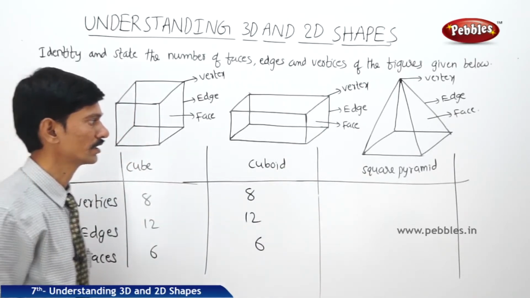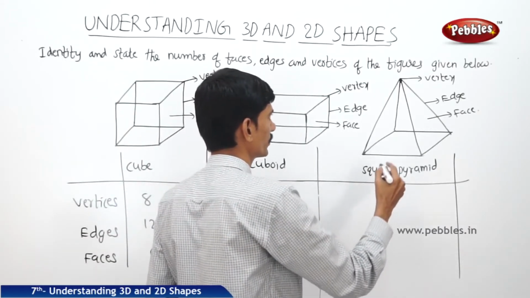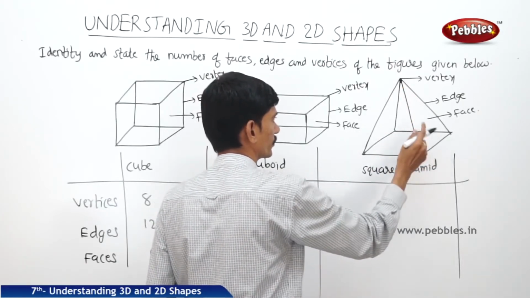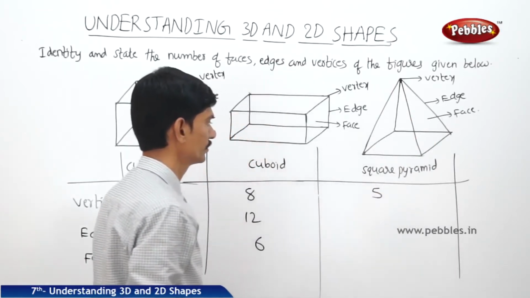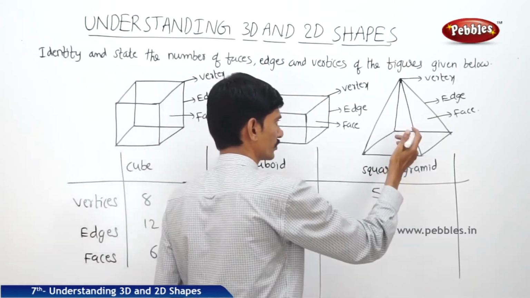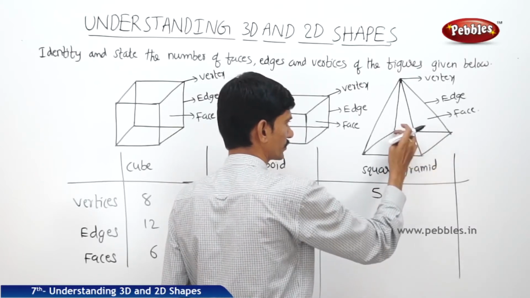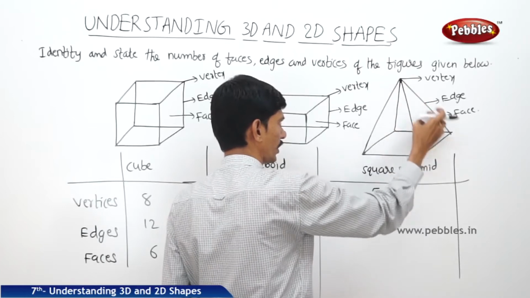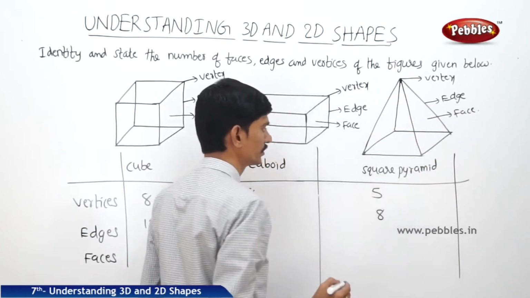And in the square pyramid, the total number of vertices, top 1 and bottom 1, 2, 3, 4, so 1 plus 4, 5. Then the number of edges, the number of edges in the base 4, 1, 2, 3, 4, and the 4 lateral edges, so 4 plus 4, 8 edges.